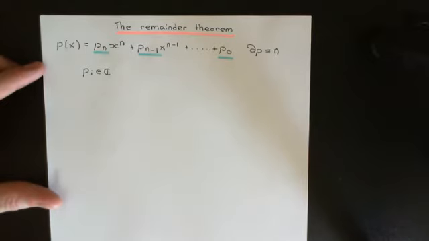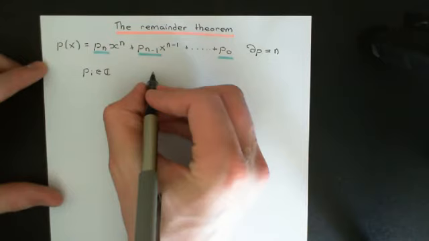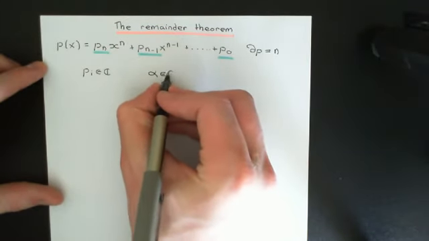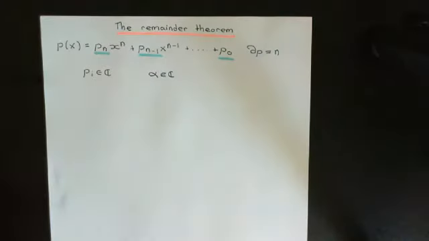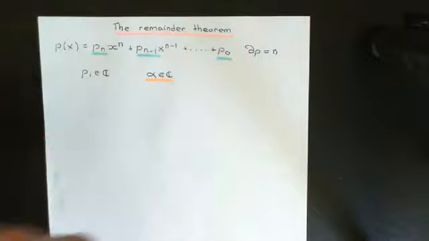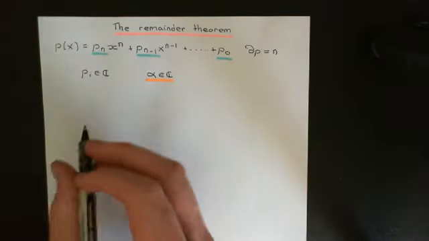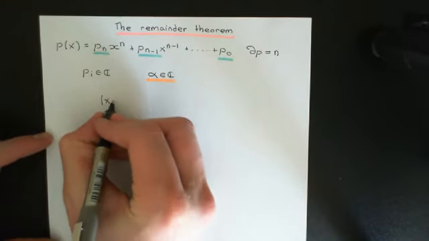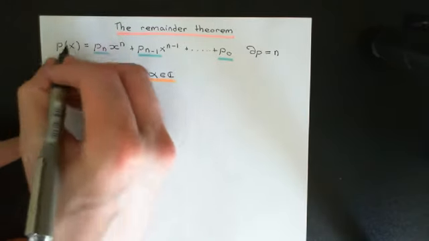Now what is the remainder theorem then? What the remainder theorem says is that if you take any alpha, which is an element of the complex numbers, so any complex number you like, then you can factor out x minus alpha from this polynomial.